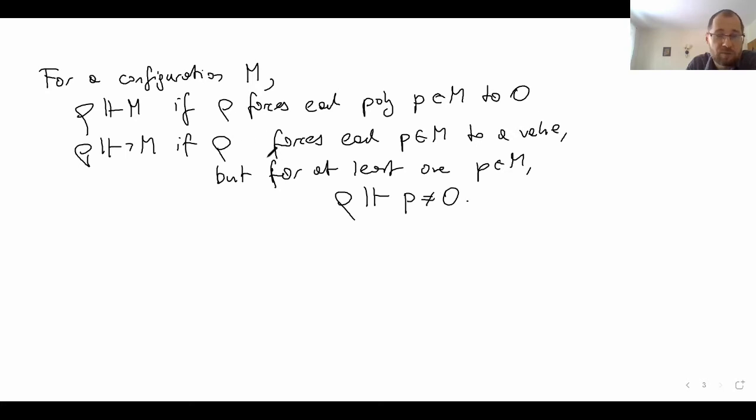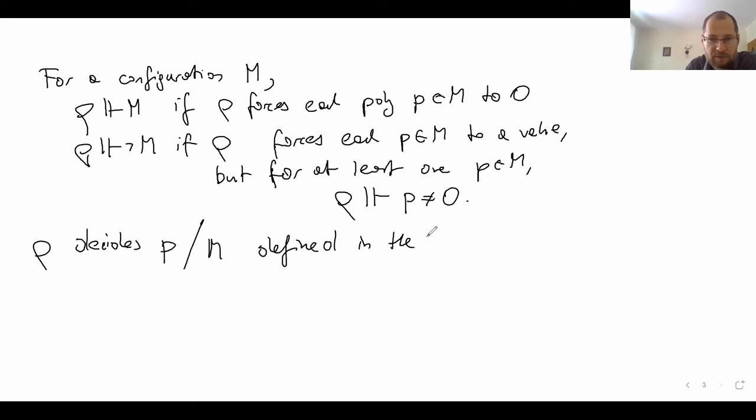You might not assume this, but that complicates stuff technically, I guess. So rho decides P or decides M, defined in the natural way. So you decide a polynomial or you decide a configuration if you force it to a value, defined in the natural way.